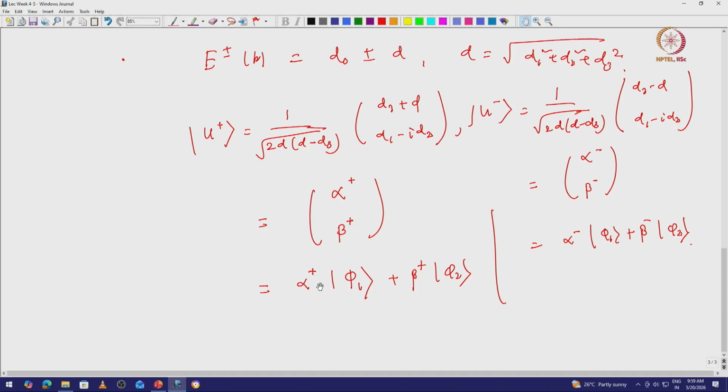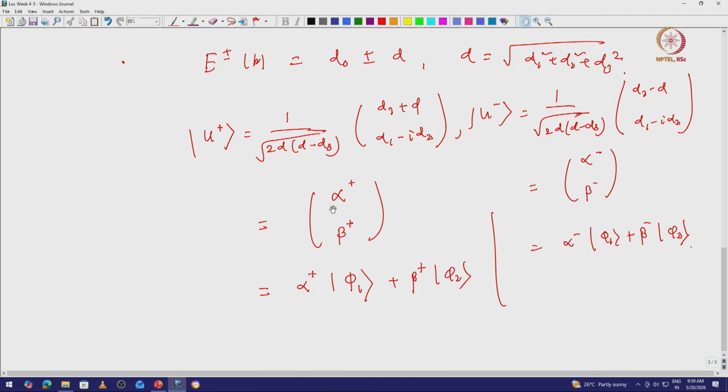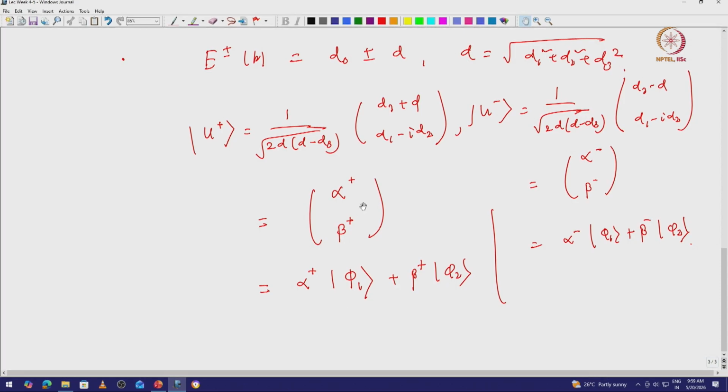Okay, that just takes care of how the basis has rotated. Okay. So, this is what this says. The eigenvectors are nothing but the coefficients connecting between, and as you know, these two eigenvectors form a unitary matrix which rotates from the orbital basis phi 1, phi 2 to the energy eigenbasis.